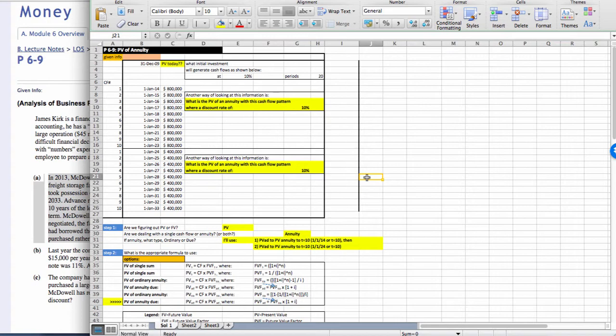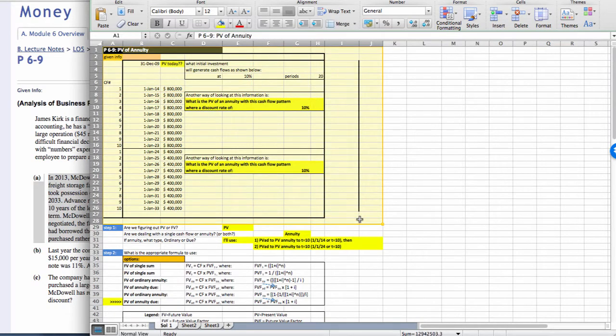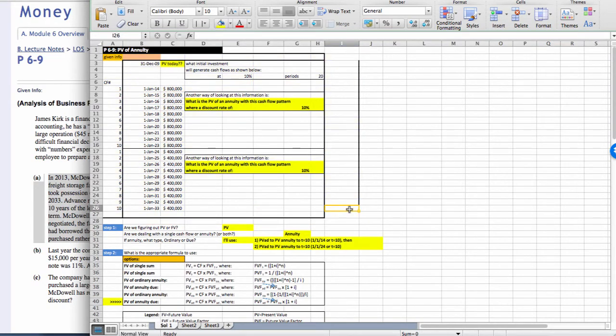Now let me switch to the Excel file, and you'll see that I have broken up the problem given and the answer in steps. I'm giving you here to begin with the given information in diagram form, allocating the cash flows based on the given. So as you can see, we're looking at two annuities, one over a 10-year period.